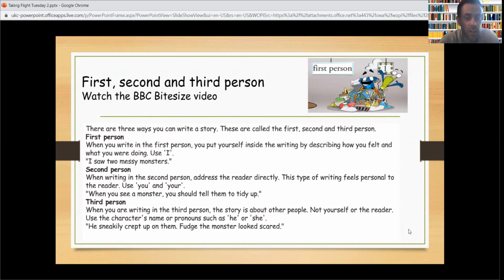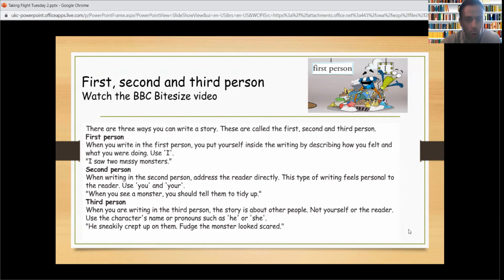So you use the character's name, like Jack in Jack and the Beanstalk, or you use pronouns such as he or she. He sneakily crept up on them. Fudge the monster looked scared. Okay, so that's the common one that you use a lot when you're writing a story anyway. First person is when you put yourself in the story or you become one of the characters. And then the second person is when you're talking to the reader. So they're the three different ones that we need to think about.